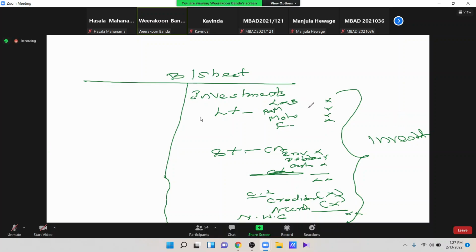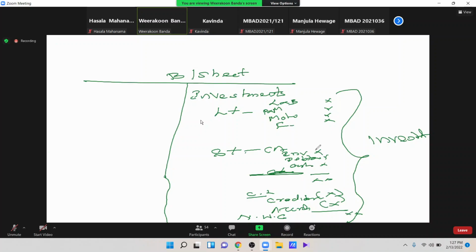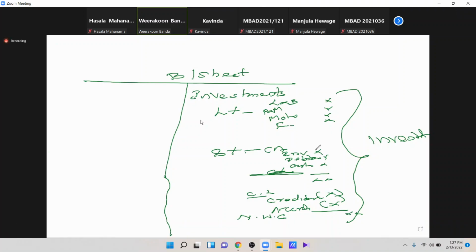Sometimes you have to have a building, sometimes machinery, sometimes a motor vehicle. Sometimes you have to maintain some stocks, inventory. Sometimes during the period you have to go to customers on credit terms, debtors. At the same time, you have to maintain some cash balances for day-to-day requirements.